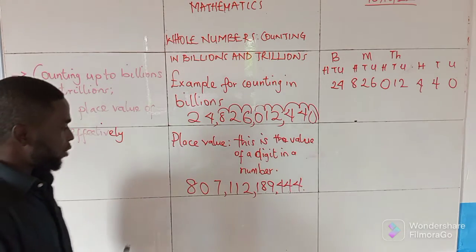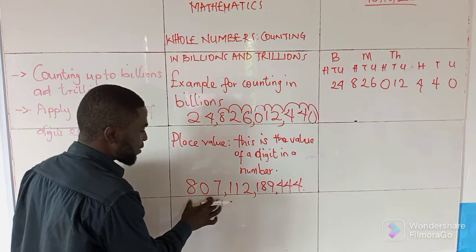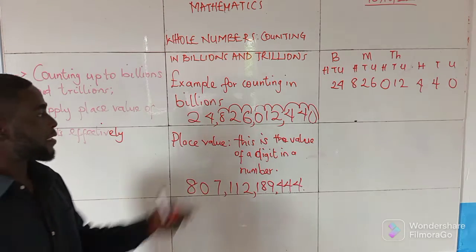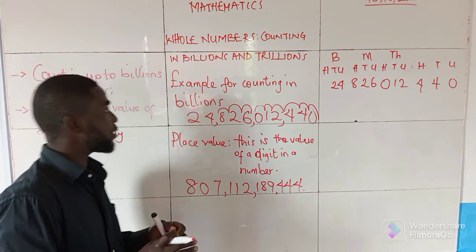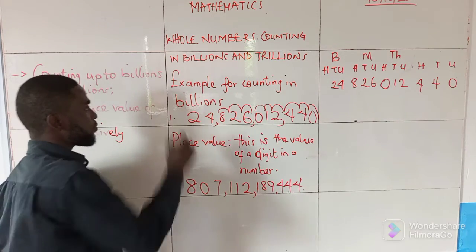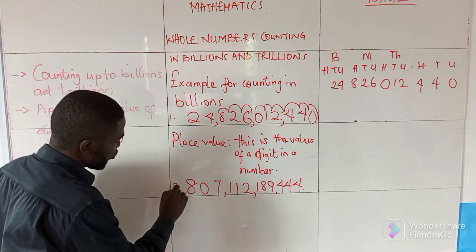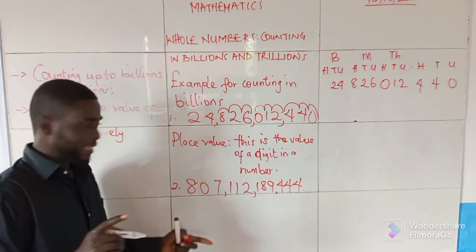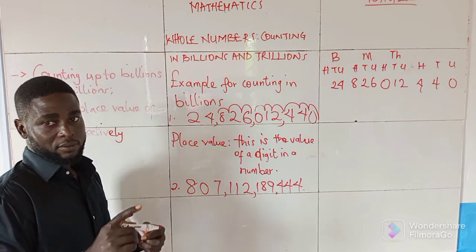But look at the first 3 digits and you will find that it's different from the first example that was given. If this was example 1, this is example 2. Example 2 differs from example 1 by an extra digit.